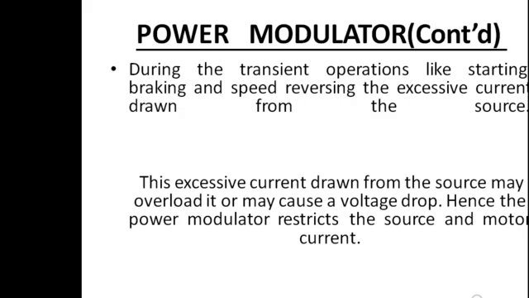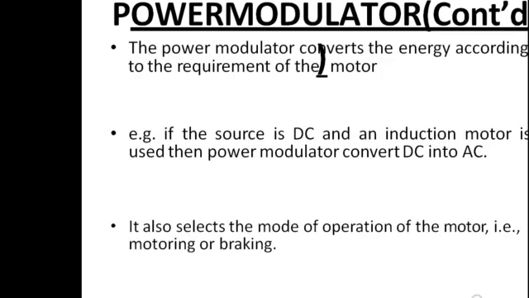Continuing with the power modulator: during transient operations like starting, braking and speed reversing, excessive current may be drawn from the source, causing overload. This may cause a voltage drop, and hence the power modulator restricts the source and motor current.